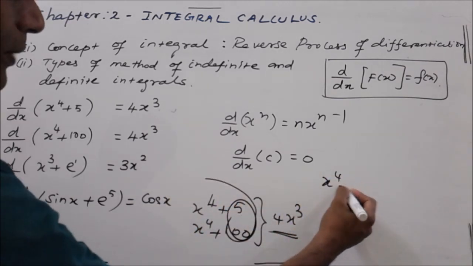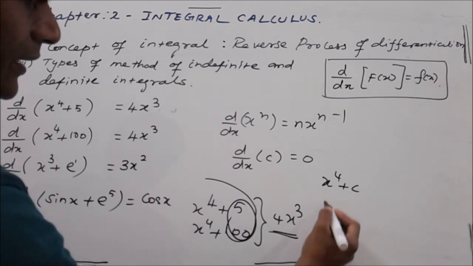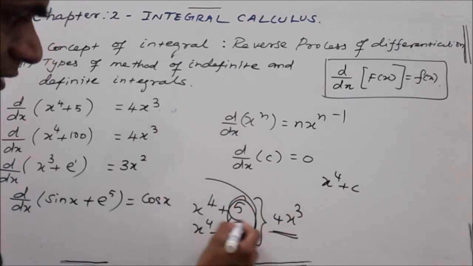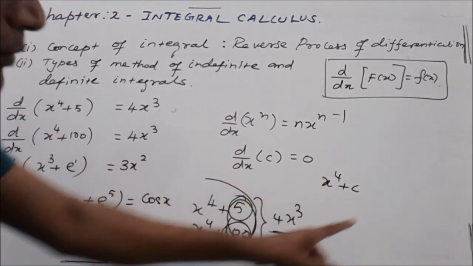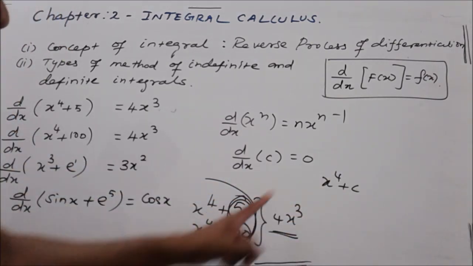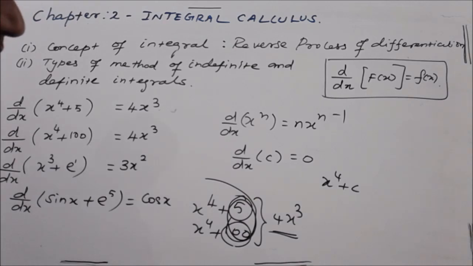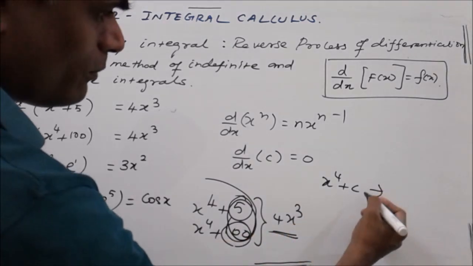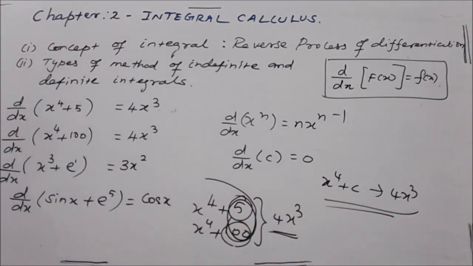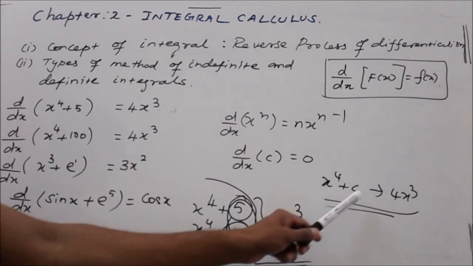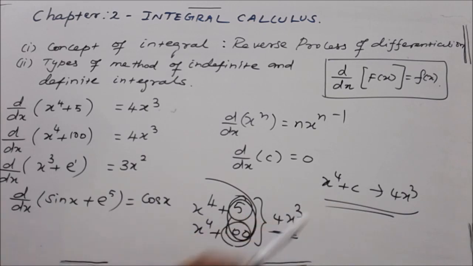So x power 4 plus 5 we can take as x power 4 plus c, and x power 4 plus 100 we can take as x power 4 plus c. But for both functions the derived function is 4x cube. So the constant is generally taken as c.